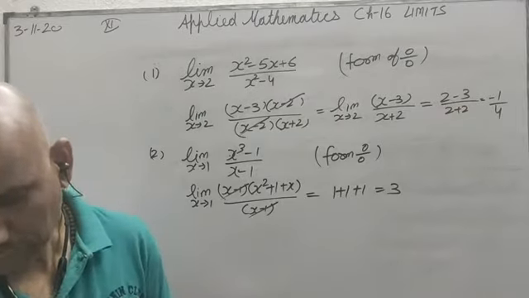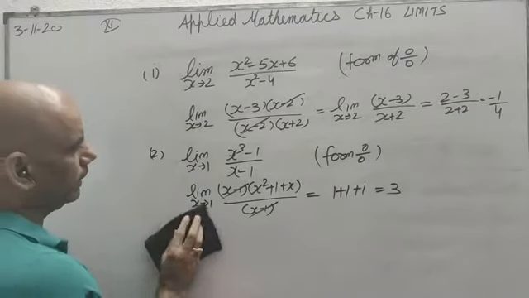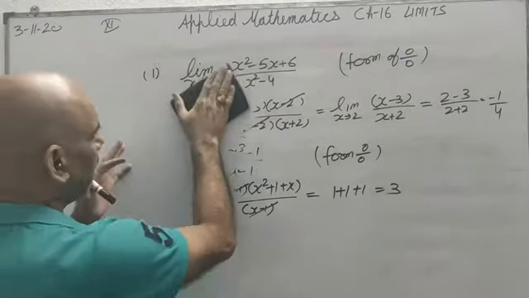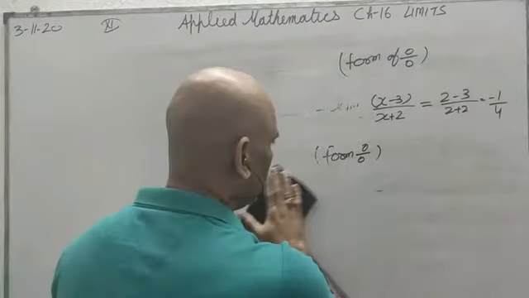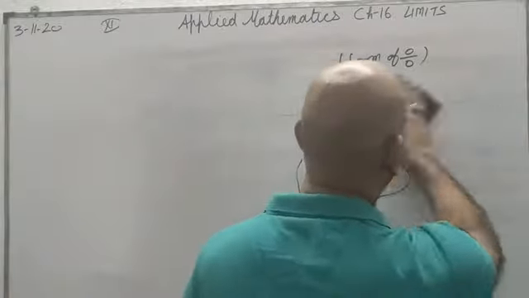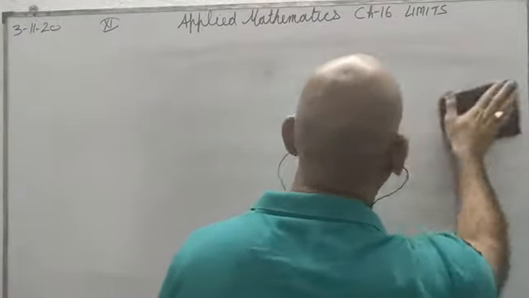Another very good hint is that if limit x tends to a is there, then x minus a will always be a factor of it.